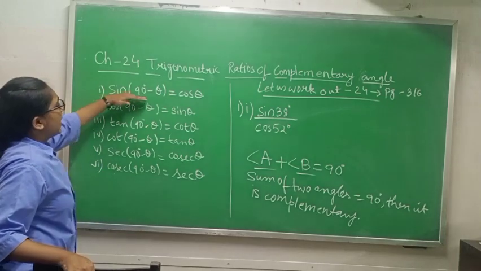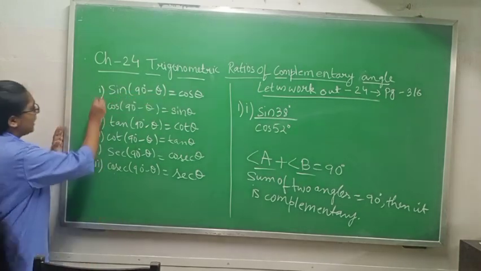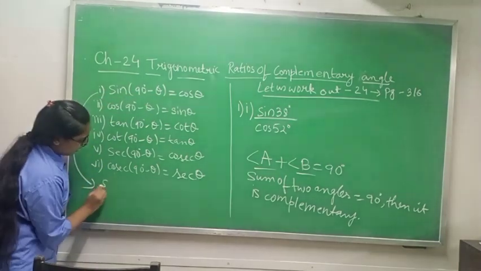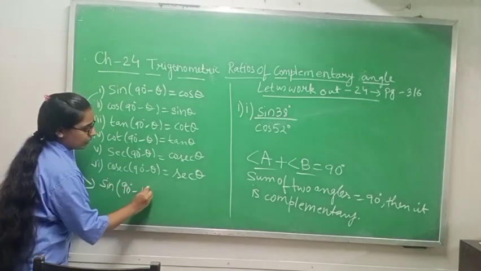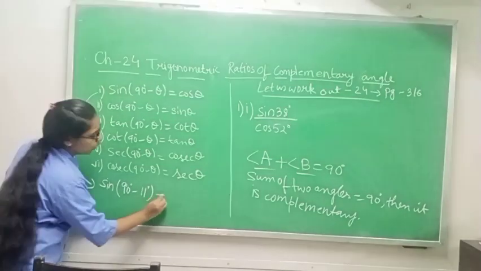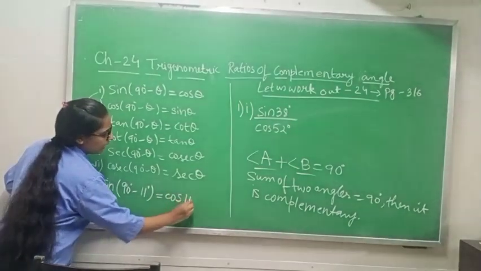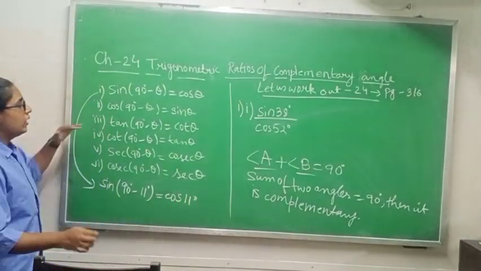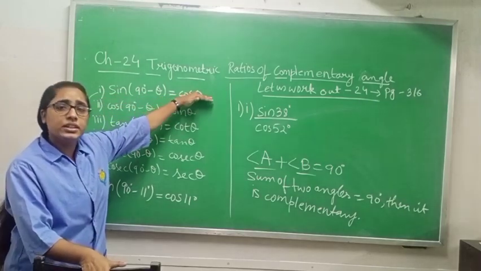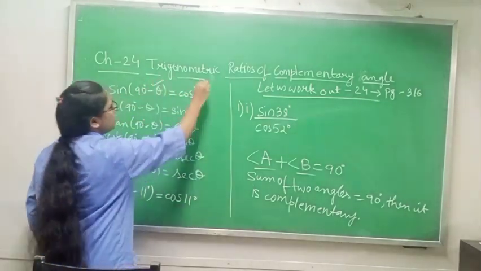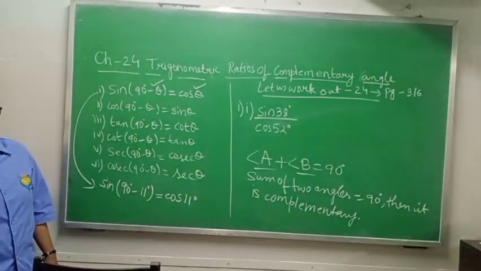So if it is given sine 90 degree minus 11 degree, you can write cos 11 degree, because sine 90 degree minus theta will give you cos theta.